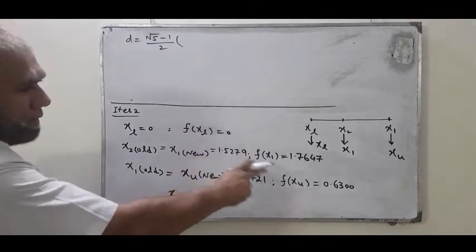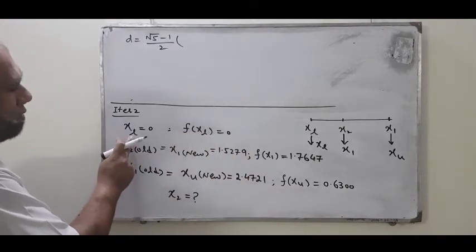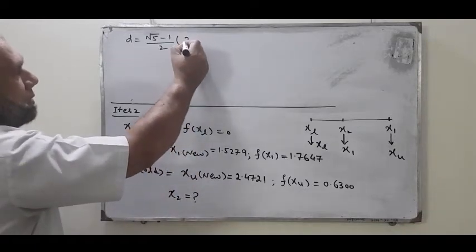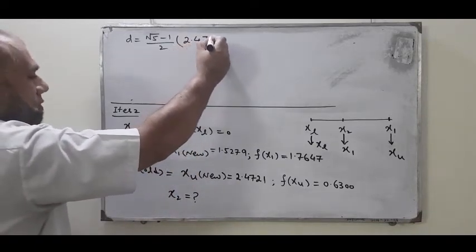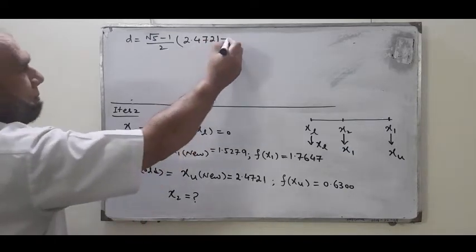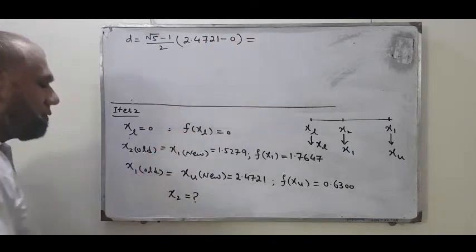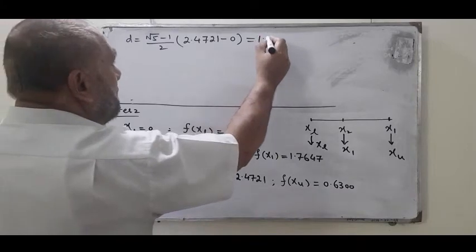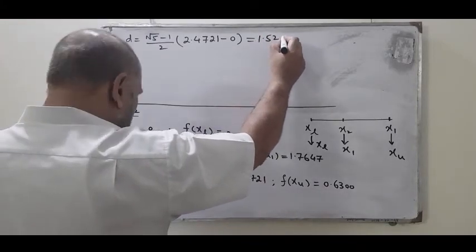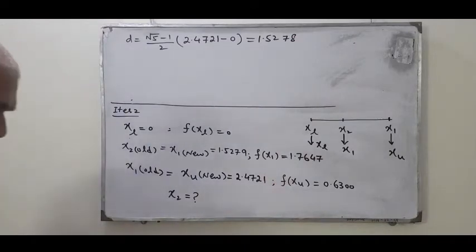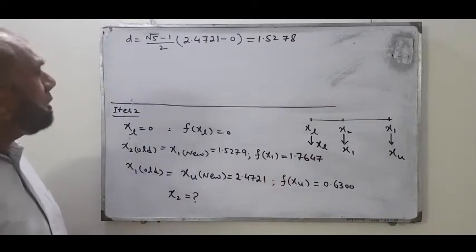And now you can see the interval has changed. This is your lower bound and this is your upper bound. So 2.4721 is your upper bound minus the lower limit, which is 0. And when you use your calculator and simplify it, you'll get the value 1.5278. So this is the value for d.